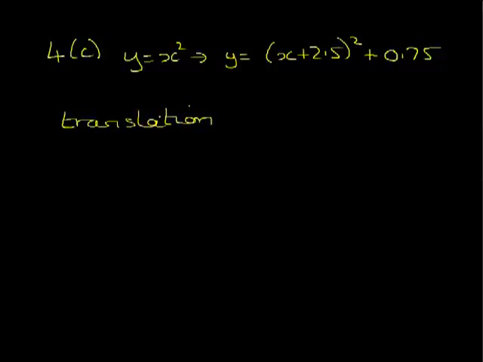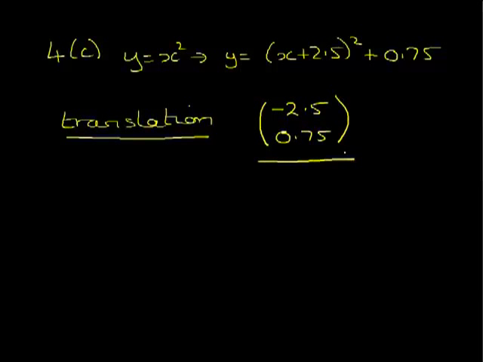It's a similar word to transformation, but the word transformation won't do here. You need to write translation. And the coordinates of the translation, the vector for the translation, is minus 2.5, 0.75. Closely related to the coordinates of the vertex.